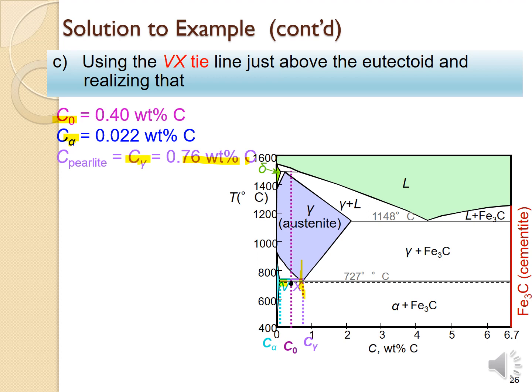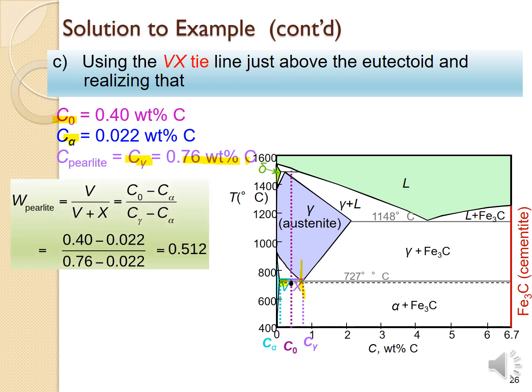That's the C of gamma phase. Again, all the gamma phase will transform to pearlite during the eutectoid reaction. So then we can calculate the weight percentage of austenite or gamma, which is also the weight percentage of pearlite. Use the lever rule, V over V plus X, and X extends all the way to the right end of this phase diagram.